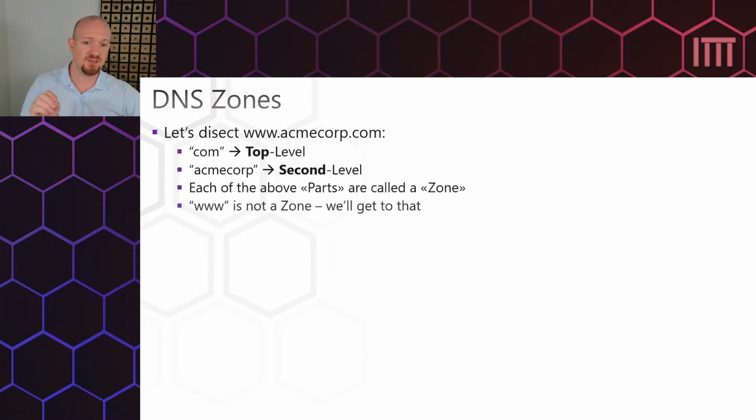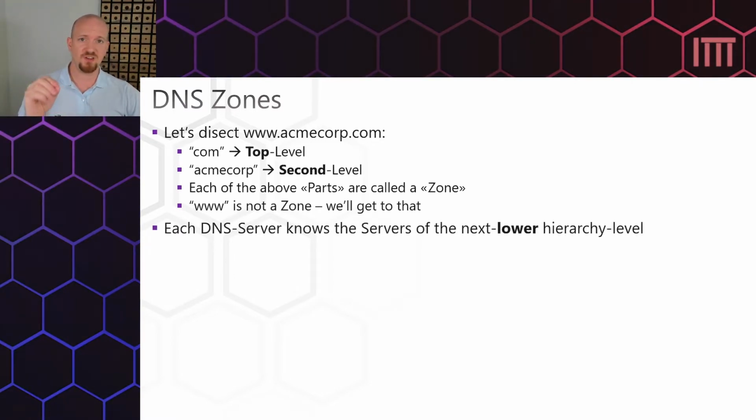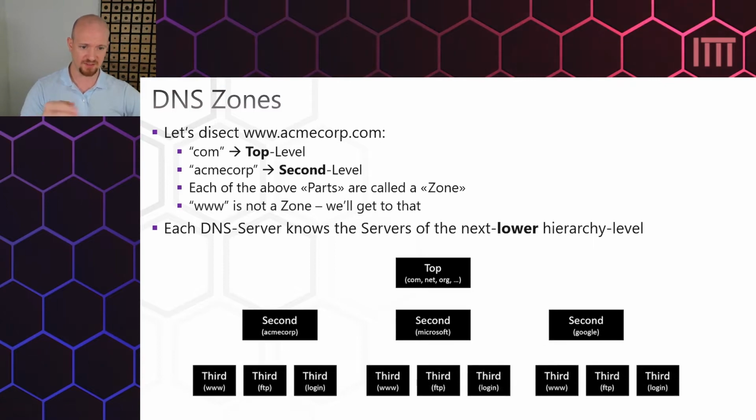WWW is not a zone, but we'll get to that later. Each and every DNS server knows the servers in the next lower hierarchy below this zone. So as an example, you have a top level server for .com, and this one knows the second level Microsoft or Google or Acme Corp.